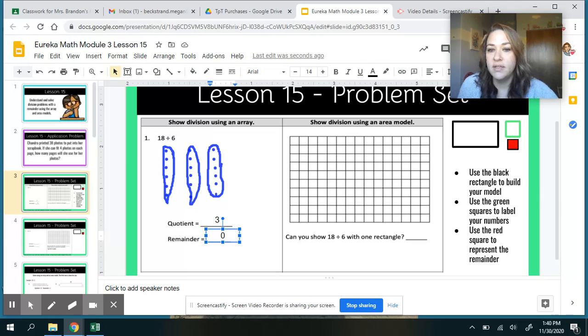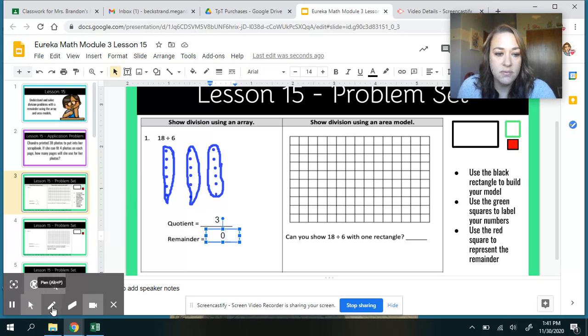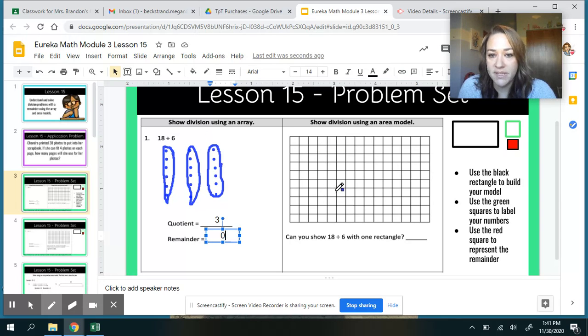Okay, so let's see, what is that going to look like when we have our area model? Okay, so if you want to, you could kind of do the same thing. I'm going to count by 6s and make columns of 6 to see where my rectangle is going to go. So here's 1, 2, 3, 4, 5, 6. 1, 2, 3, 4, 5, 6. 1, 2, 3, 4, 5, 6.